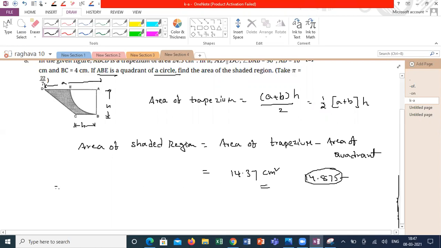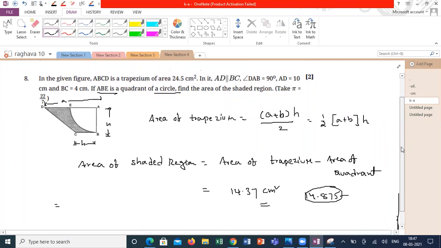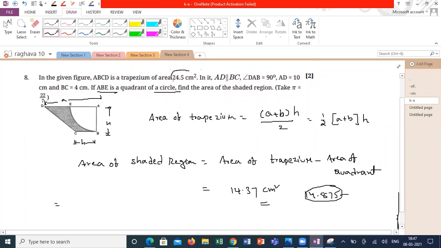What is the area of the trapezium? What are the values? BC is 4, AD is 10, and height is how much? 0.5, sir. So the area of trapezium they gave straight away, correct? How much is it? 24.5.